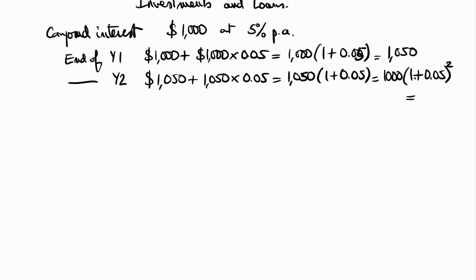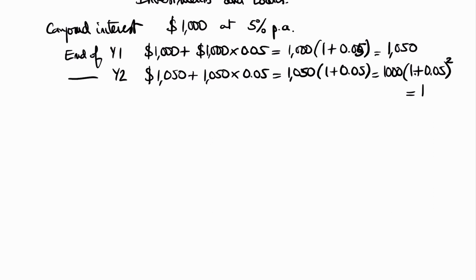If we plug that into the calculator, that's 1102.5. Now, end of year three, I'm not going to do the calculations, but basically you get 1,000 times 1.05 to the power of 3.